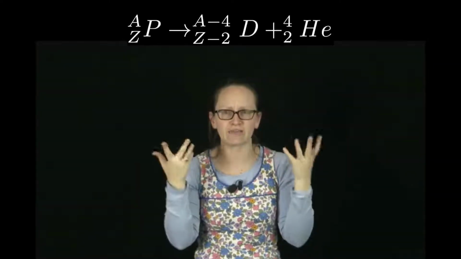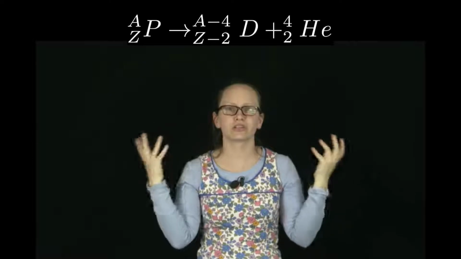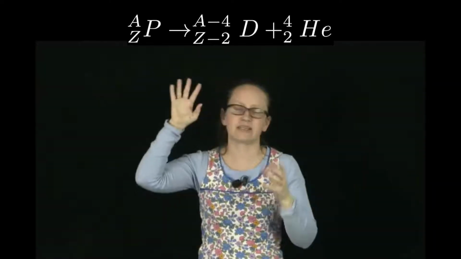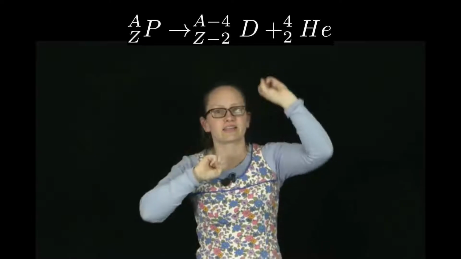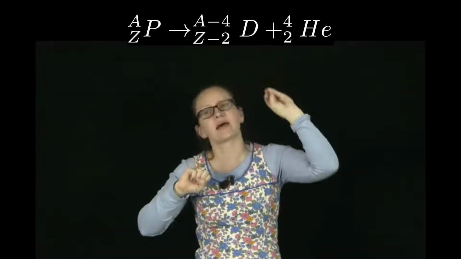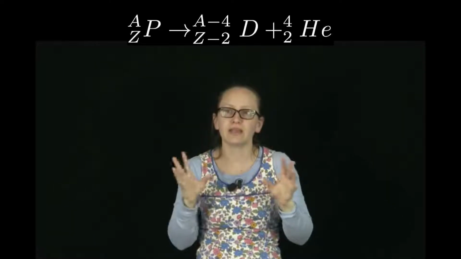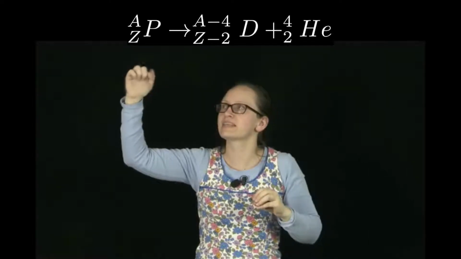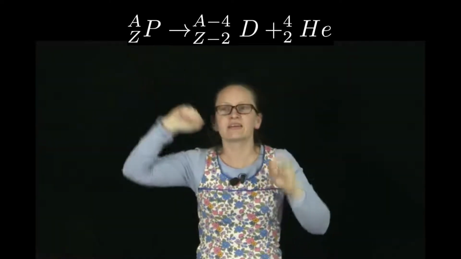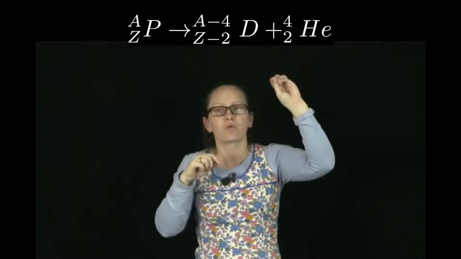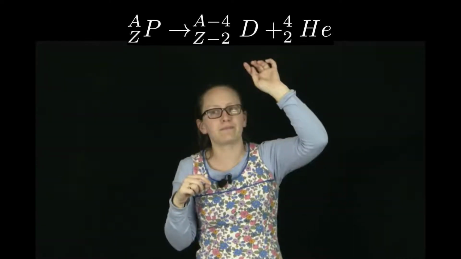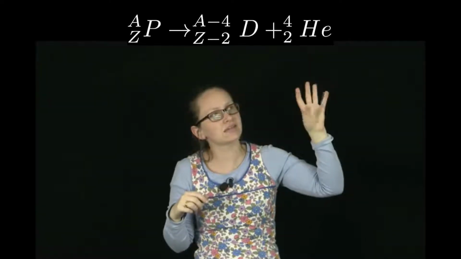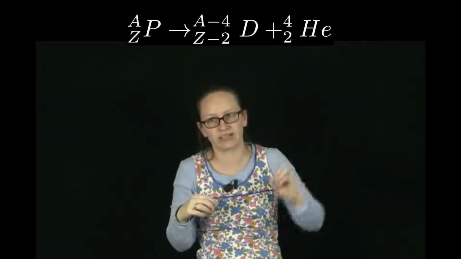And so we can write an equation to describe alpha decays in general. These are known as transmutations because we start with some parent nucleus and it forms some daughter nucleus plus an alpha particle. And so we can write that the parent nucleus with atomic number Z and mass number A gets converted into a daughter nucleus with atomic number Z minus 2 and mass number A minus 4 plus the 4,2 helium nucleus.